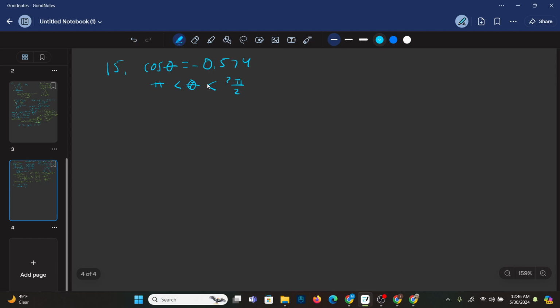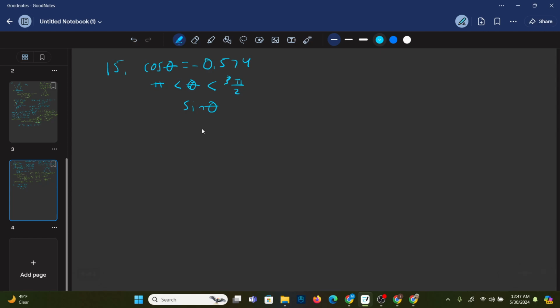Okay, so it wants the approximate value of sine theta.